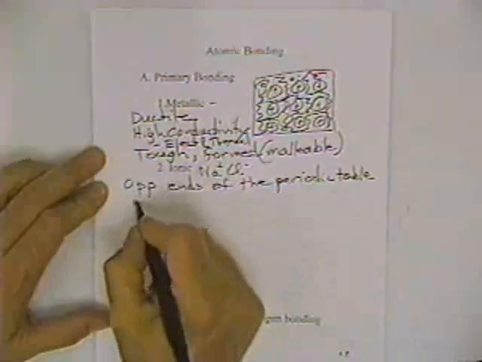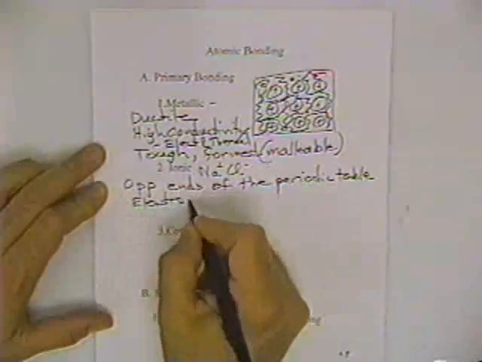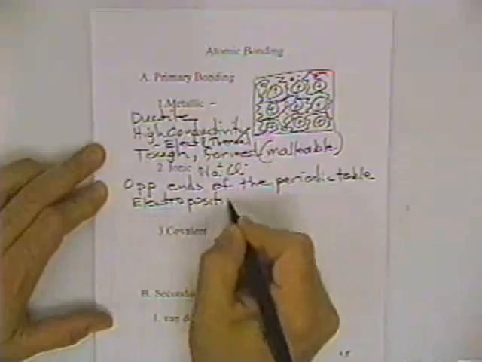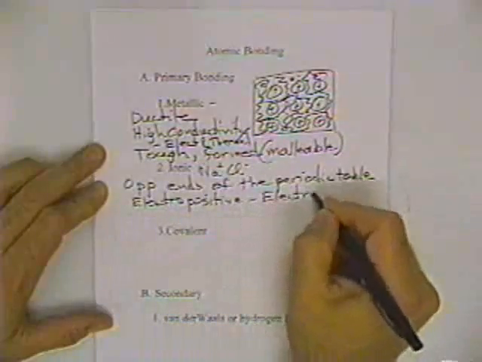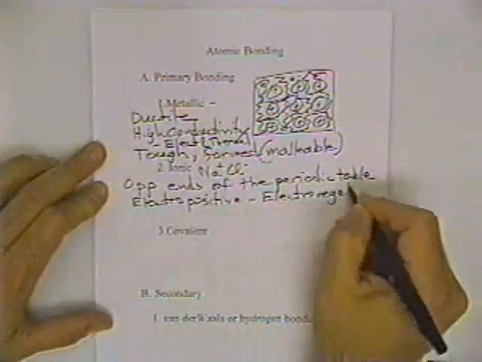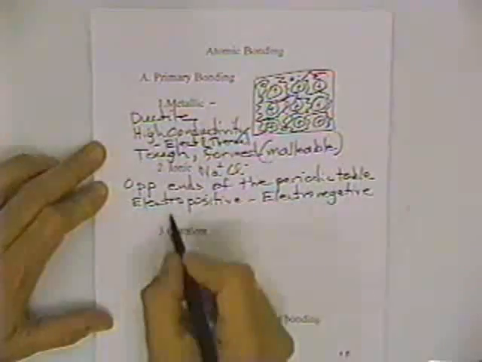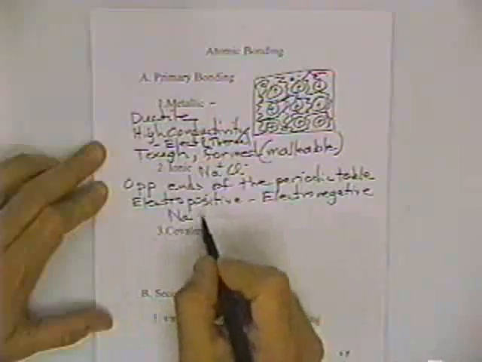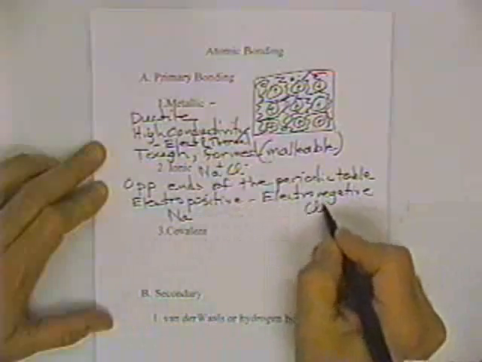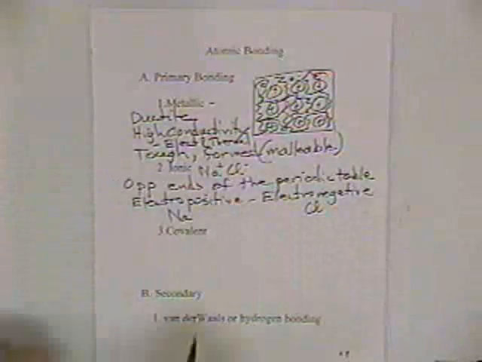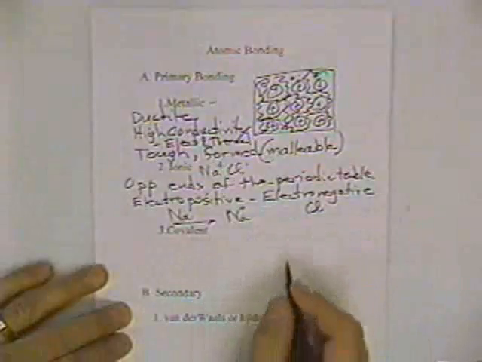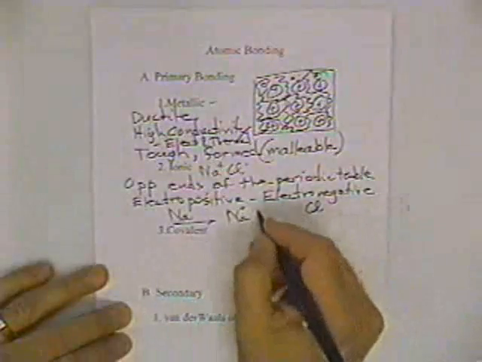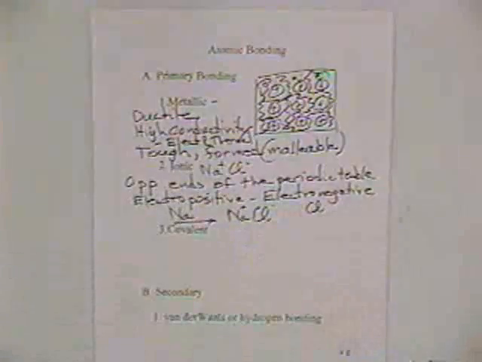We mix electropositive materials with electronegative materials. Sodium, for example, would be electropositive. Chlorine would be electronegative. So sodium gives up its electron and becomes positive. Chlorine is real happy to take that electron. It completes its outer shell, and you have a very strong bond.